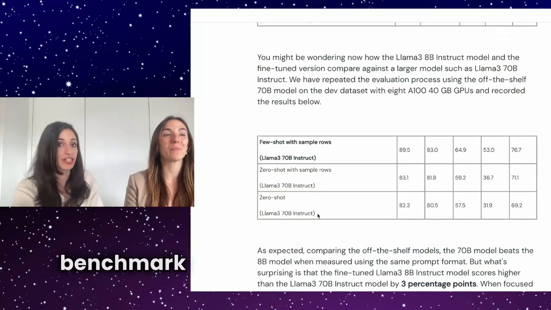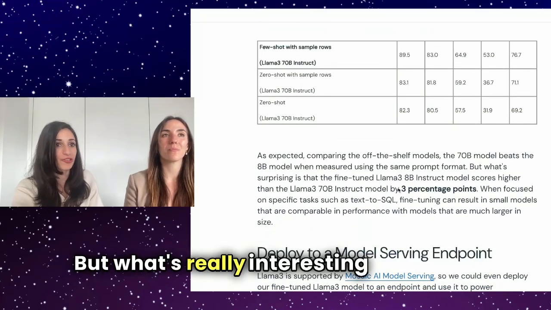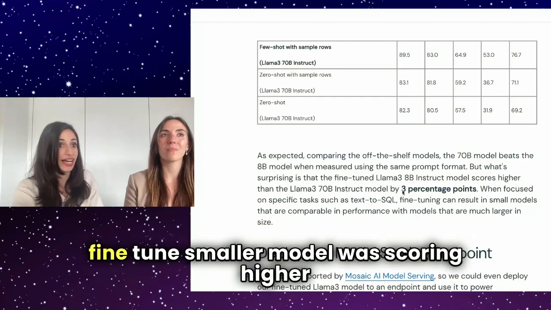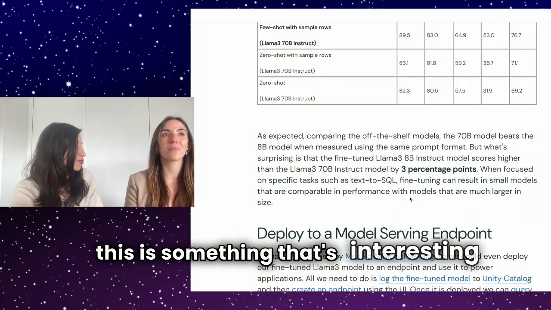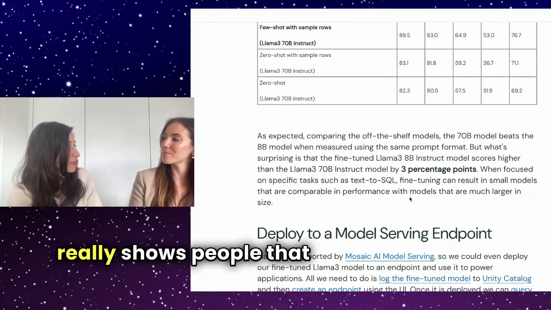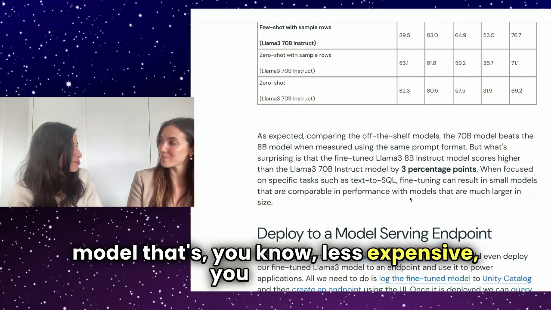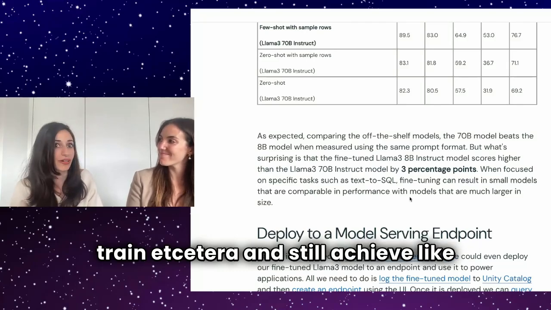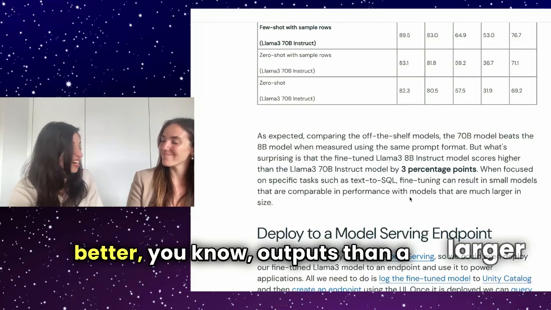They repeated the benchmark, and the difference was only marginal, but what's really interesting is that this fine-tuned smaller model was scoring higher than the Llama 3 70B Instruct. It shows you can choose a smaller model that's less expensive to train and still achieve comparable, if not better, output than a larger model.